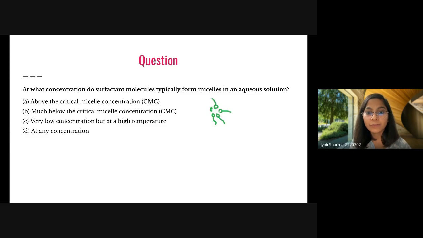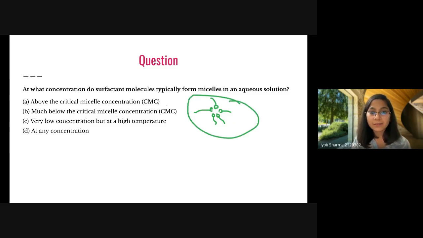If the surfactant makes such kind of circular structures, then this is known as a micelle, and this helps in lowering the surface tension of the water, and that's why the reaction can happen easily, so that dirt can be removed.